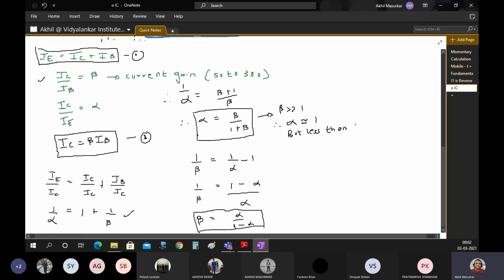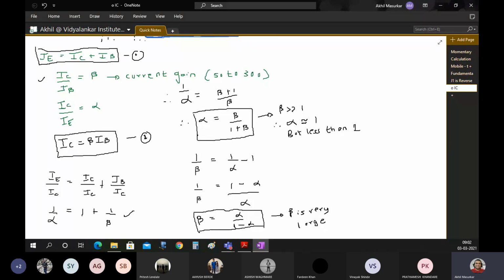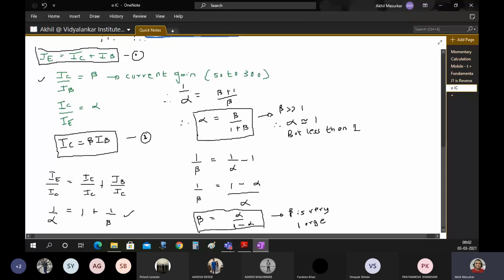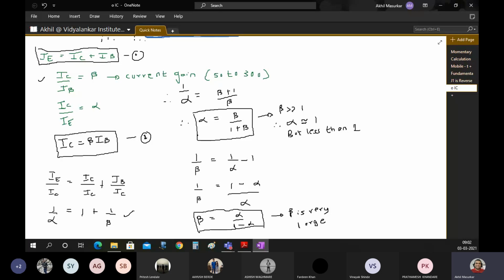And beta is very large. So this is a small relationship between alpha, beta and IC and IB. Sometimes in the exam they give you this relation and we are supposed to find out the beta from this relation. That is why you should know it, and that is why I have put it down there.